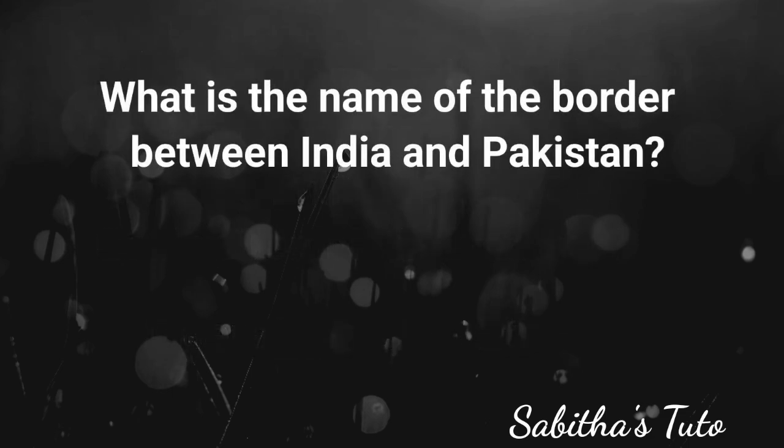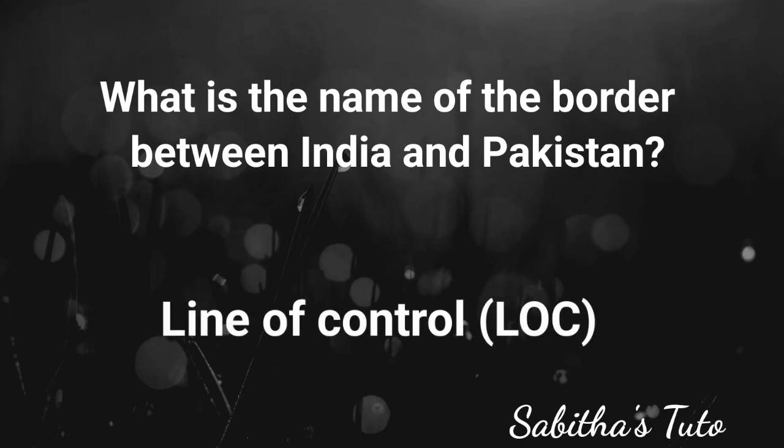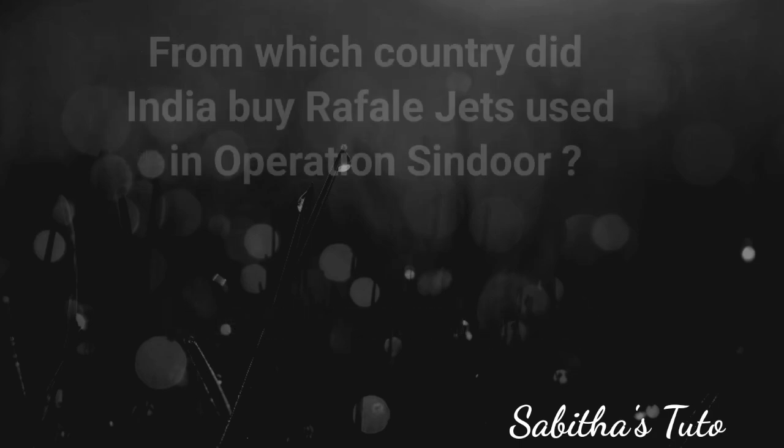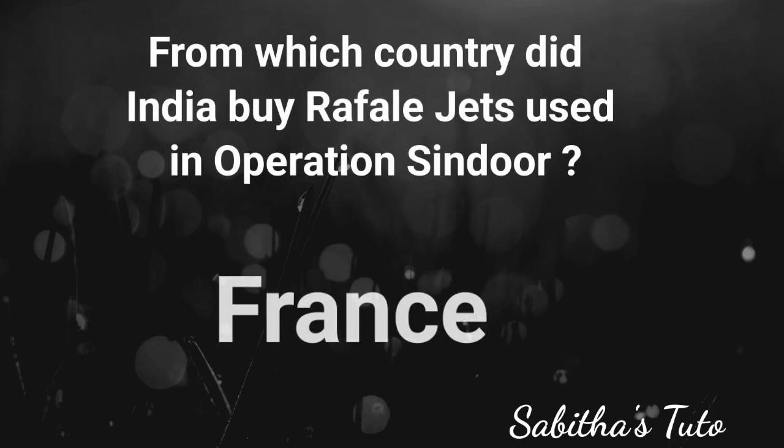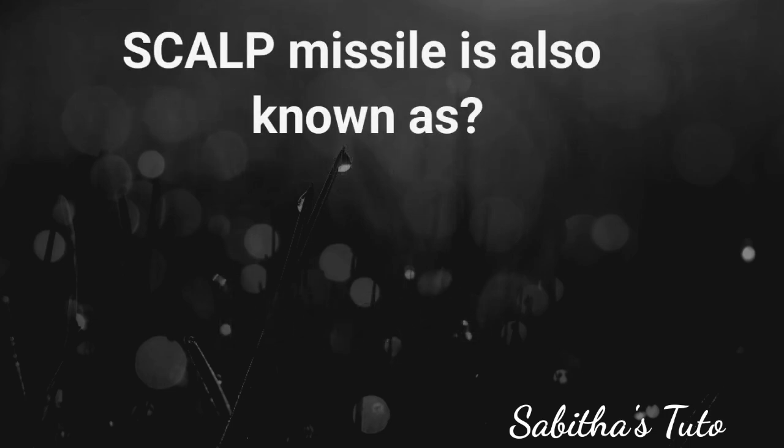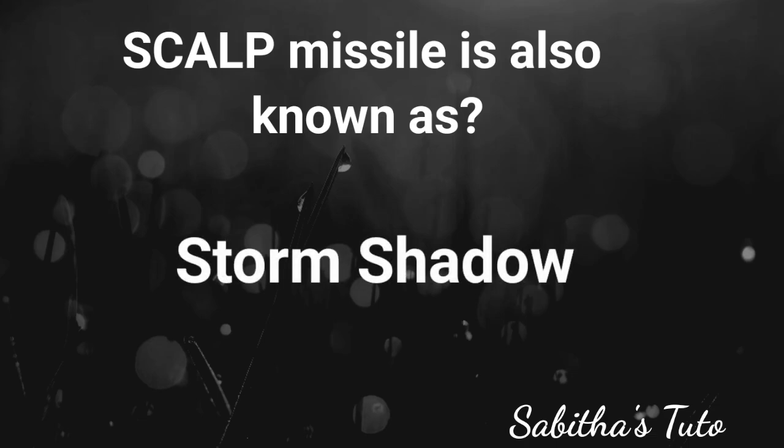What is the name of the border between India and Pakistan? Line of Control, LOC. From which country did India buy the Rafale jets used in Operation Sindoor? France. Scalp missile is also known as Storm Shadow.